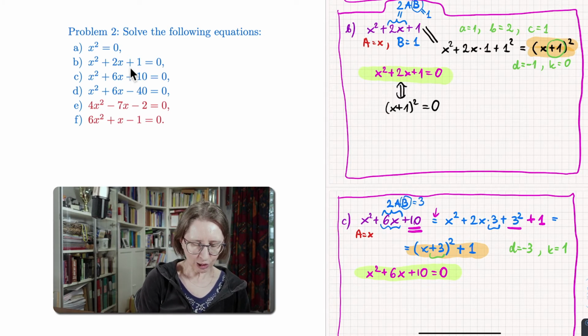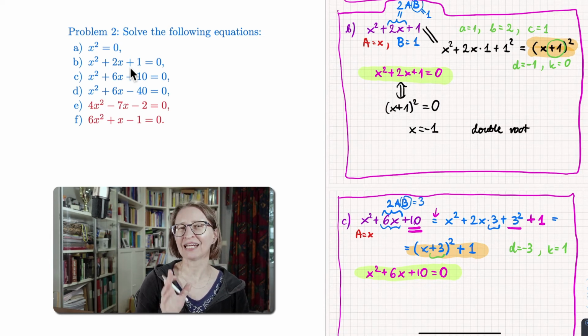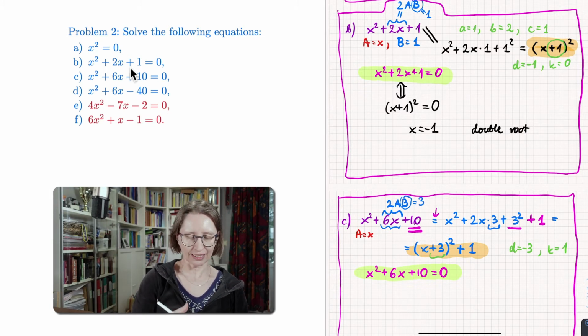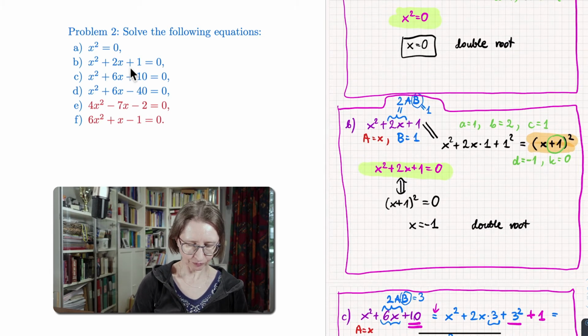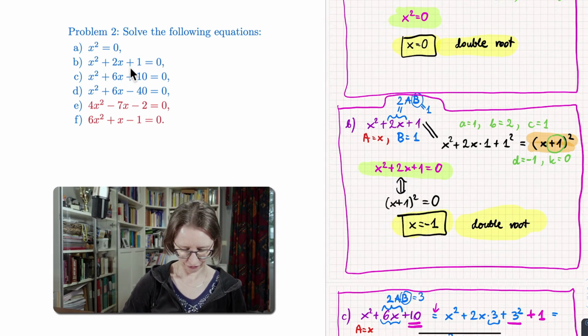And this is equivalent to x equal to minus 1. And here again we have a double root because of the square around x plus 1, right? And x equal to minus 1 just zeros the factor x plus 1. Maybe I will assign some color, maybe yellow, to the solutions, so we are already done with 2 of them.